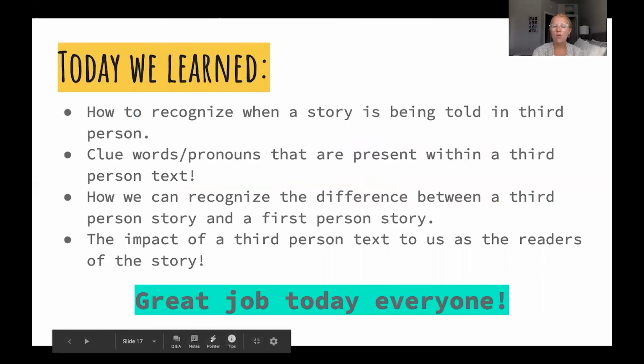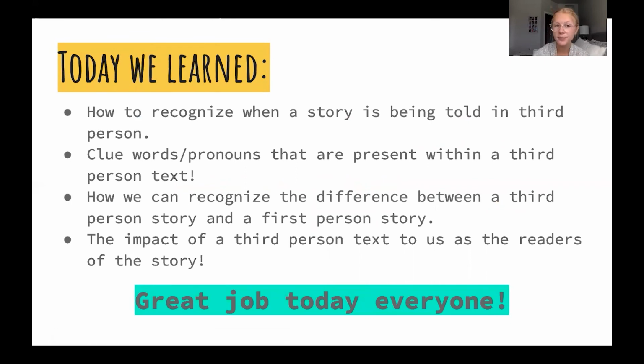And let's go over what we learned today. This is the conclusion of our lesson. So today we learned how to recognize when a short story is being told in third person. We learned about clue words, which are pronouns that are present within a third person text.